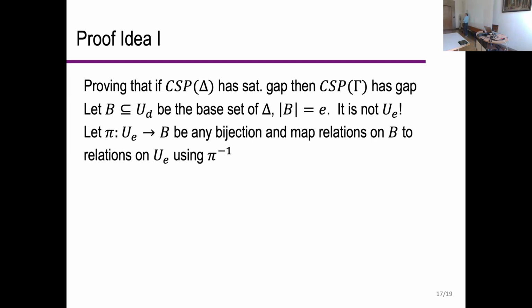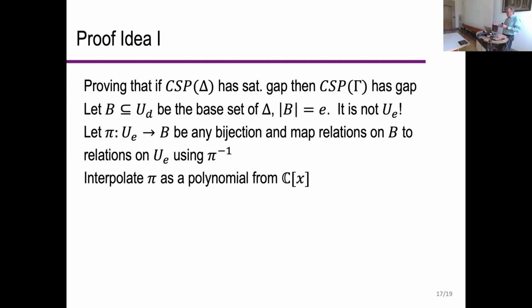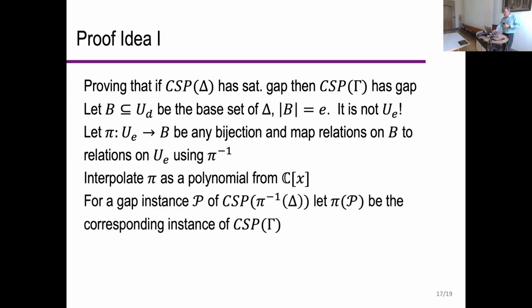Well, we take roots of unity of order E, obviously. We find a bijection between these two sets. Of course, this bijection can be interpolated by a polynomial. Everything is polynomial as long as things are finite. Okay? So we interpolate it as a polynomial, and we are going to use those polynomials for our translation.